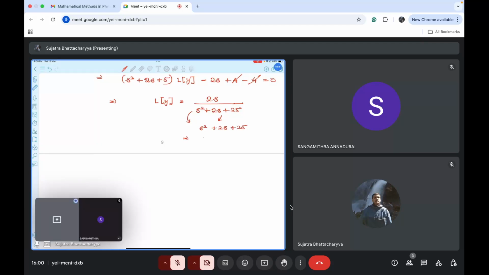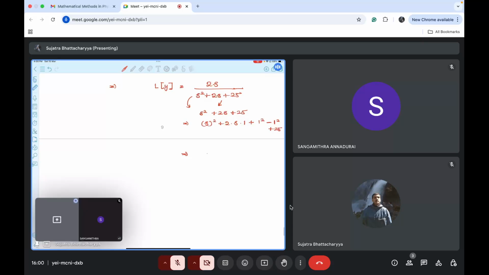It can be written as s whole square plus 2 times s into 1 plus 1 square, minus 1 square plus 5. We can write it like this. So we get s plus 1 whole square plus 4.